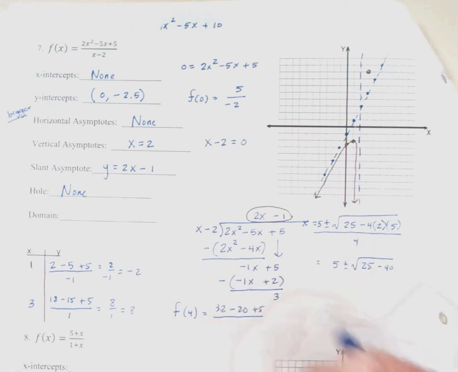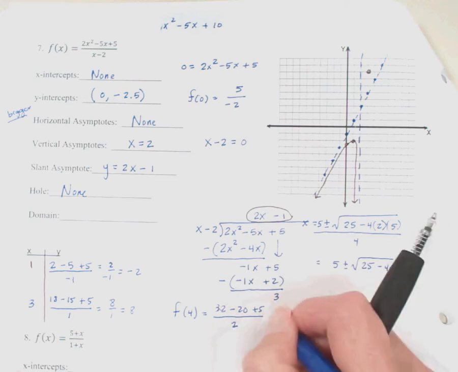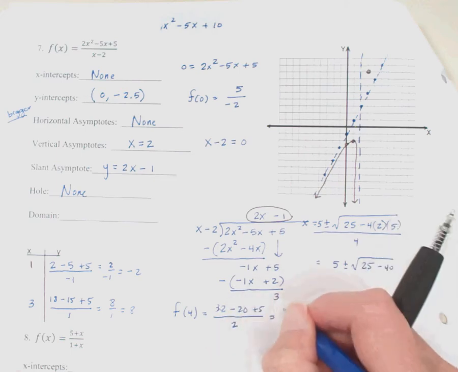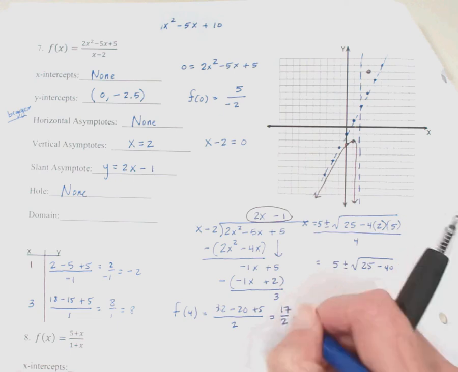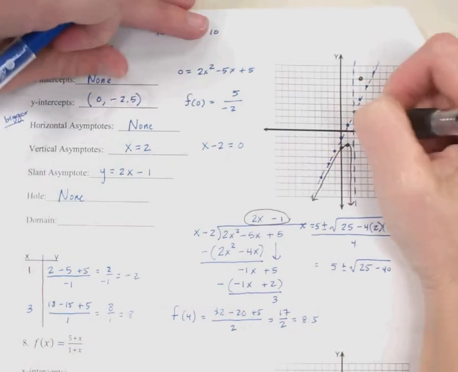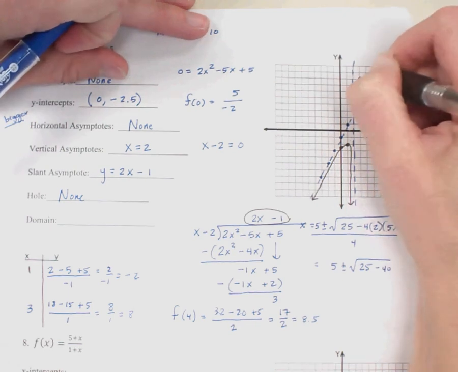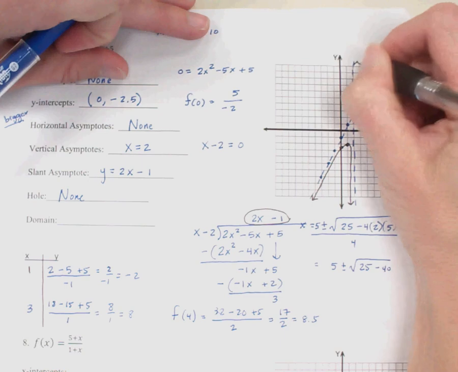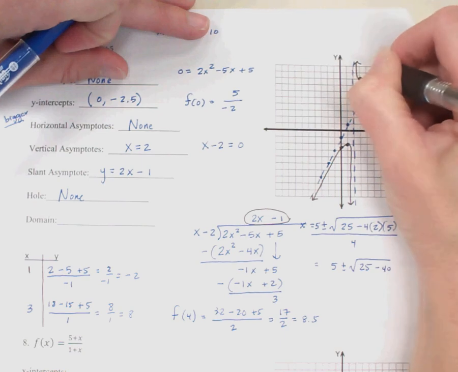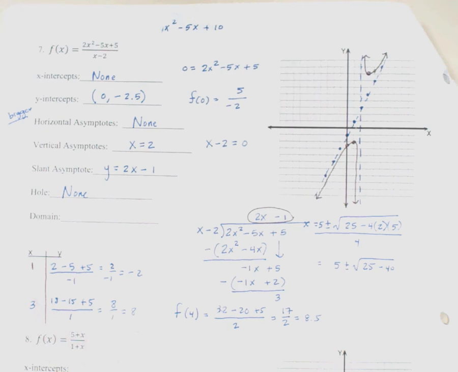All divided by 4 minus 2, which is 2. So 32 minus 20 is 12, plus 5 is 17. 17 divided by 2 is 8.5. So I'm going to go right 4 and up 8.5. And this curve will also go up and run along the vertical and slant asymptote.